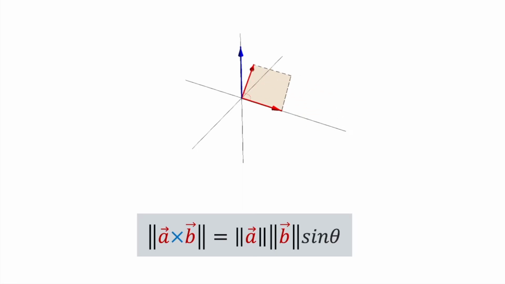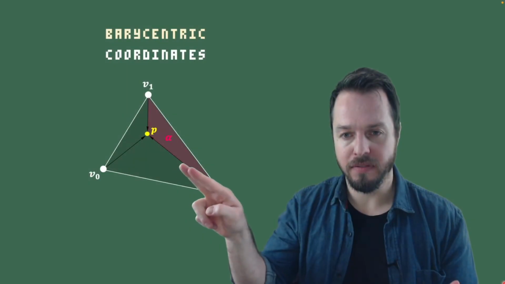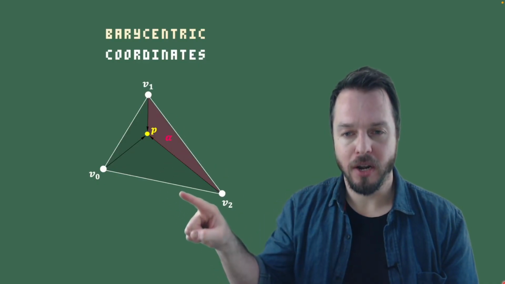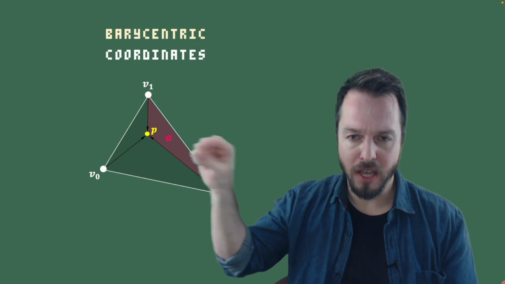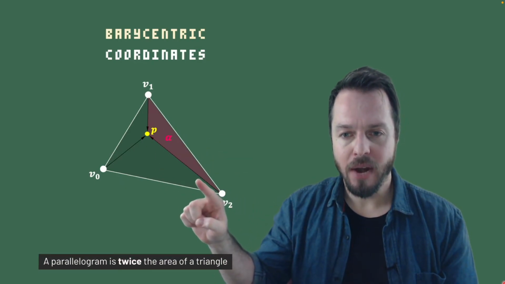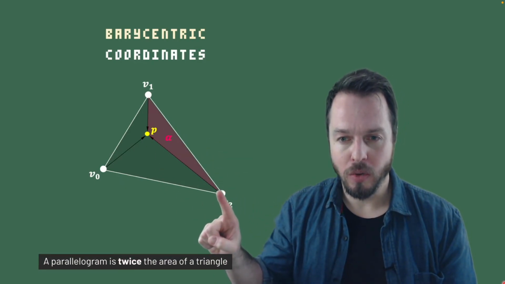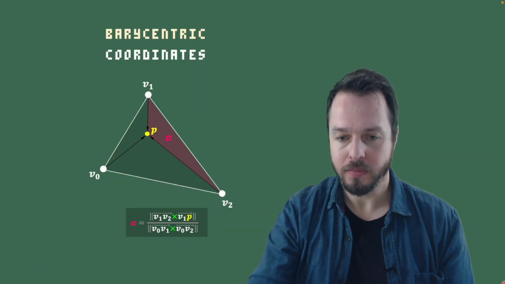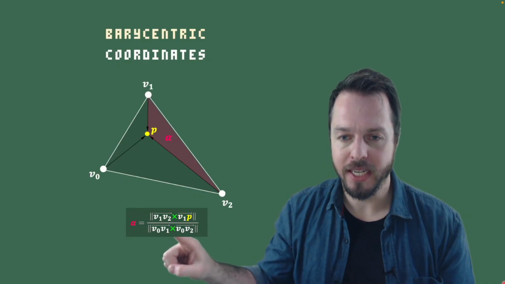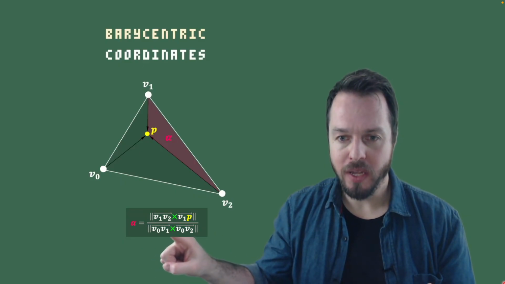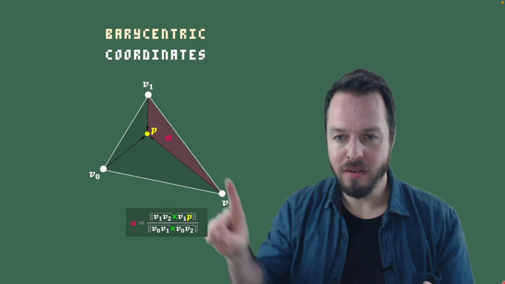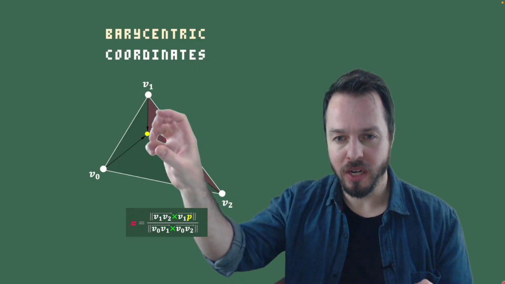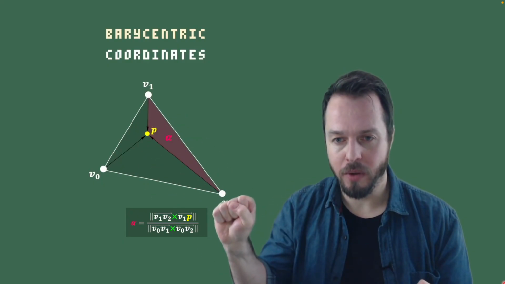This is super important because if we go back to this definition, we can find the area of this parallelogram. Well, this is a triangle, but I can think of it as a parallelogram, and find its area by using the cross product. This vector, the cross product, is going to give me this area. I can think of alpha as the cross product of V1V2 and V1P, which gives me the area of the parallelogram.